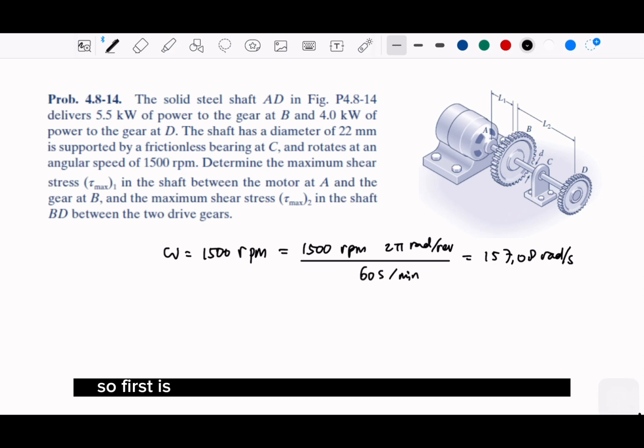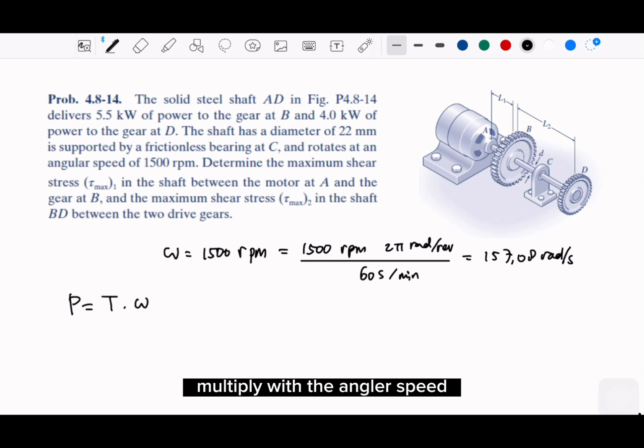So first we need to determine from the angular speed. Remember that we can get from the power is torque multiplied with the angular speed. So for each one of them, we could get the torque. Okay, so it has different power, right? At B it has 5.5.